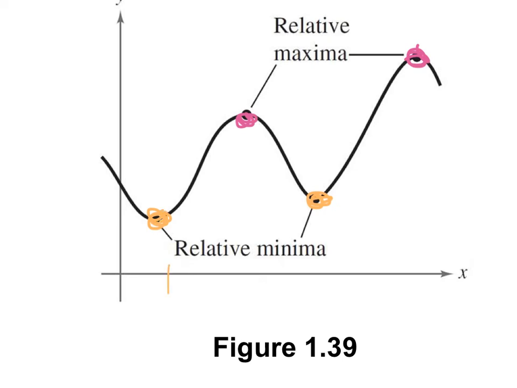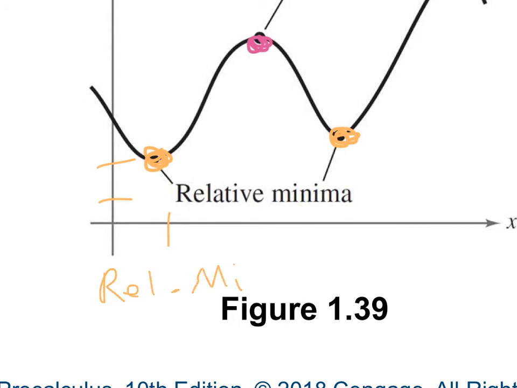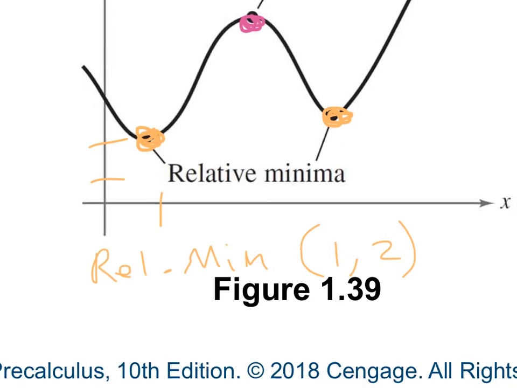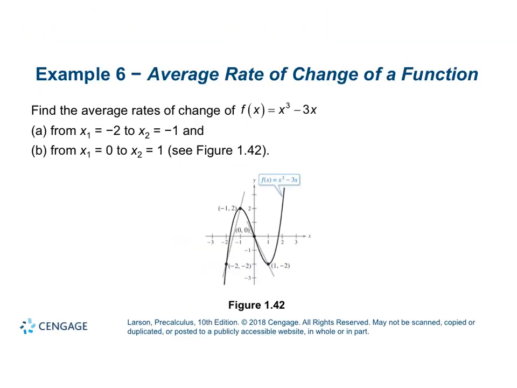If this was like (1, 2), we would have a relative max or relative min at the point (1, 2). So you would just say where the relative min and relative max are. But we just have one point.